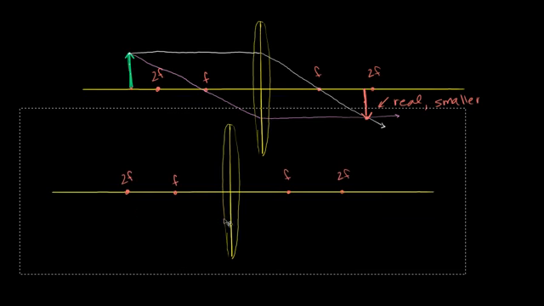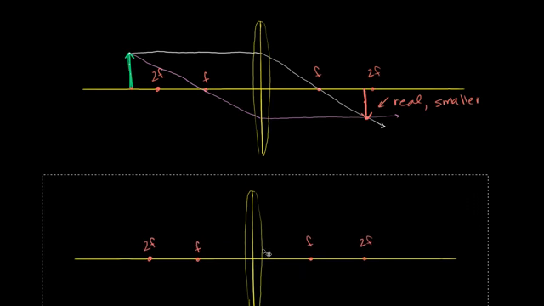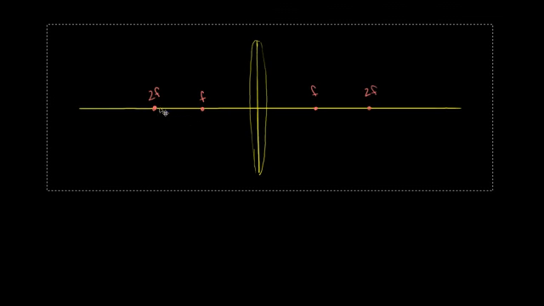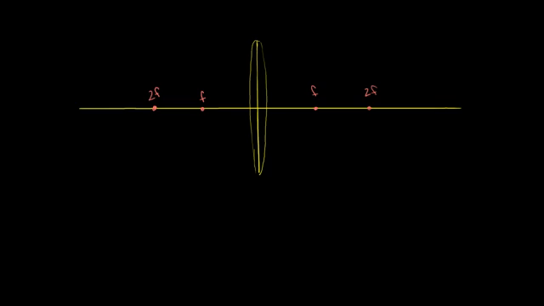I copy and pasted this before starting this video to save on time. So let's do a situation now where the object is at the 2 focal distances. Let's put the object right over here. I'll do it in blue this time. But we do the exact same thing. You might want to do it on paper on your own just to get some practice.